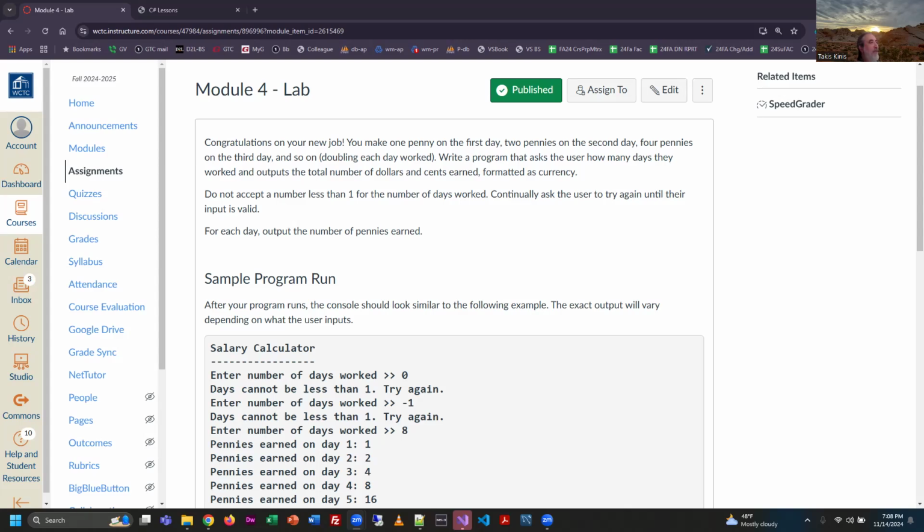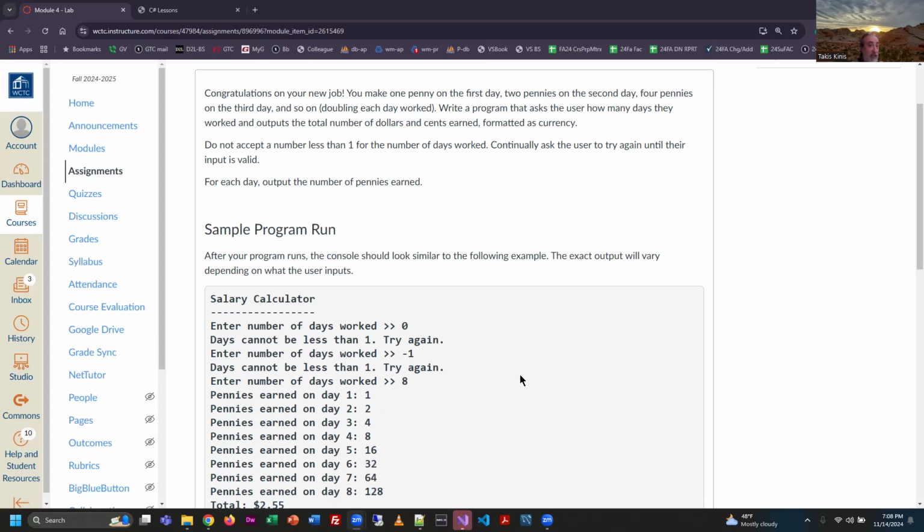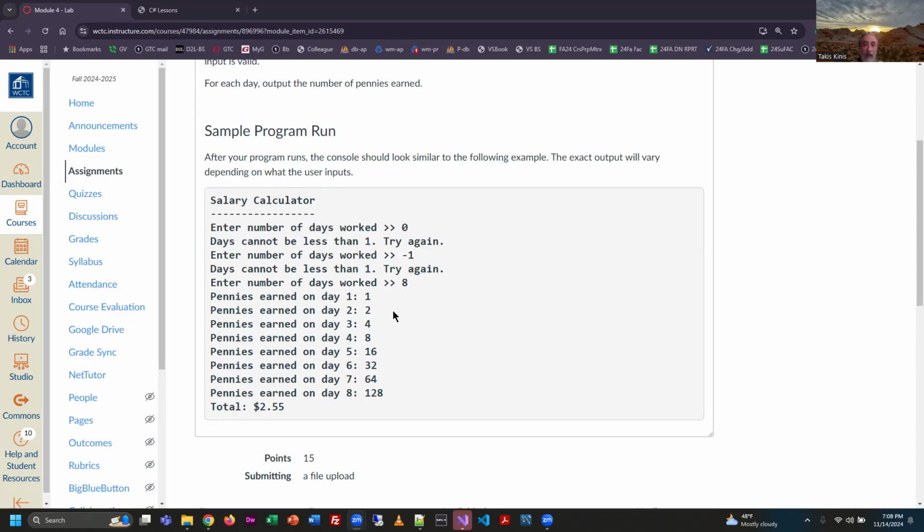All right. So, for the lab, we are going to basically mimic this sample program run. So we're going to have a little title, so we're going to say salary calculator. So we're going to put that on the screen. Then we're going to prompt, right? And this is invalid. Notice the error message, right?